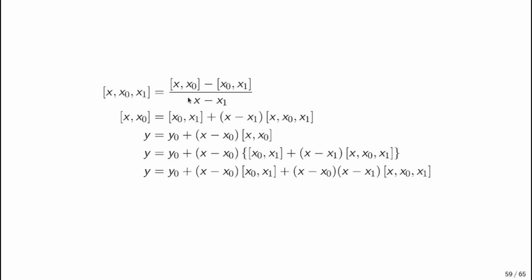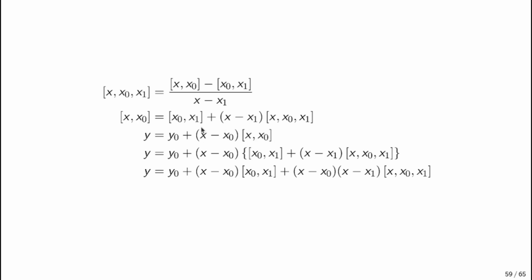Rearranging this, we will get the divided difference of x0 is the divided difference of x0 x1 plus x minus x1 times the divided difference of x0 x1. We already know that y is equal to y0 plus x minus x0 times the divided difference of x0.